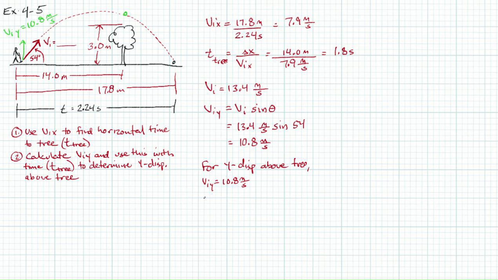The time to the tree is 1.8 seconds, because it's the same horizontal as it is vertical. What's the acceleration in the y direction? We all know that. It's negative 9.81 meters per second squared. And what we want to find is the displacement in the y direction at the tree.